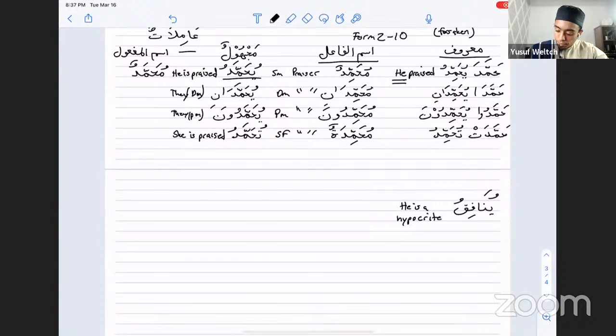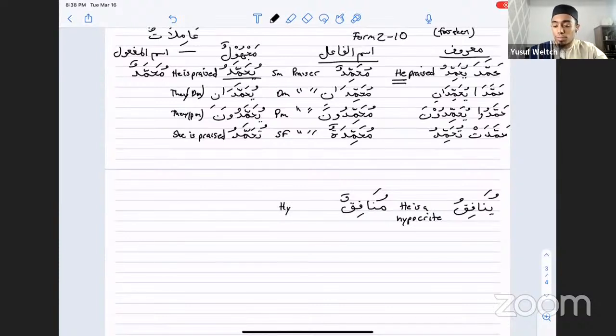Hypocrites. Okay. Now, if I wanted to say a hypocrite, how do I say hypocrite in Arabic? A person who's a hypocrite. Munafiq. Good. Even though you probably already knew the word munafiqun, because there's a chapter in the Qur'an called Munafiqun, plural, if somebody asked you what munafiq means, you can tell them it means a hypocrite, but it's singular masculine.